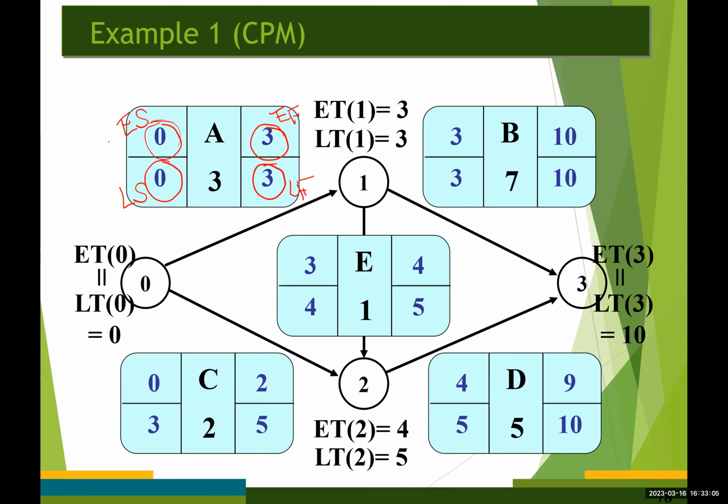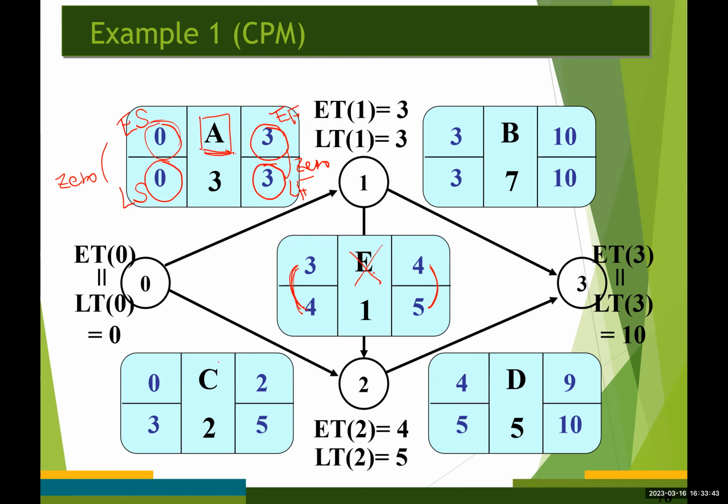In this case, the difference is 0, and also here the difference is 0, which means the corresponding activity A has to be one of the critical activities. But for activity E, there is a positive gap between these two numbers, which means activity E cannot be a critical activity.